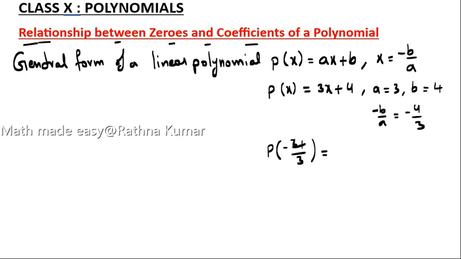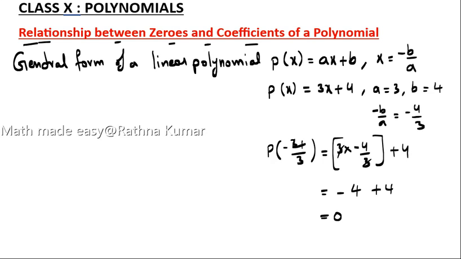So p of minus 4 by 3 is equal to 3 into minus 4 by 3 plus 4. Cancel 3 and 3, you are left with minus 4 plus 4. So this is equal to 0. So this is the zero value of linear polynomial 3x plus 4.